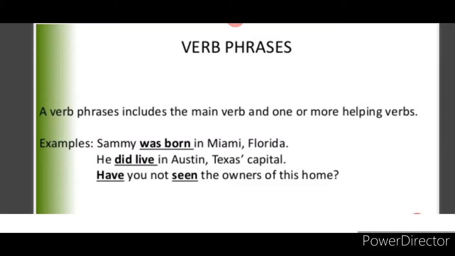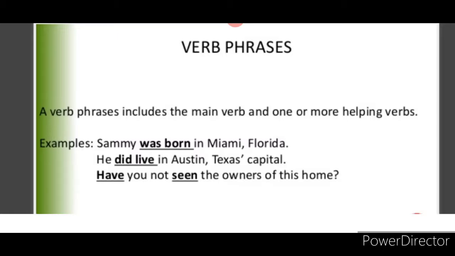Okay, I'll tell you what a helping verb is. Helping verb, as the name goes, helps. Helping verbs are verbs that help or support the main verb in a sentence. They are also called auxiliary verbs. It supports the action verb.